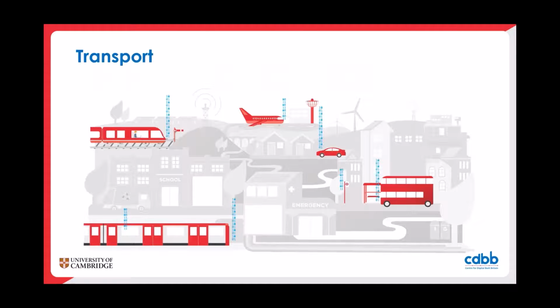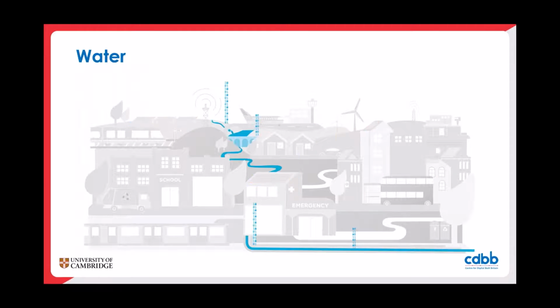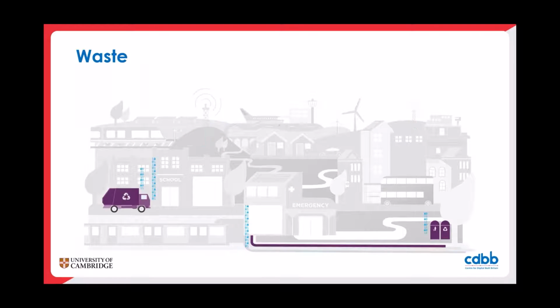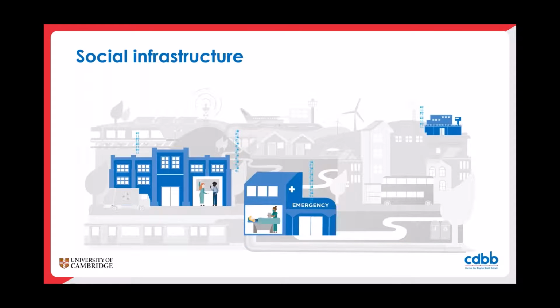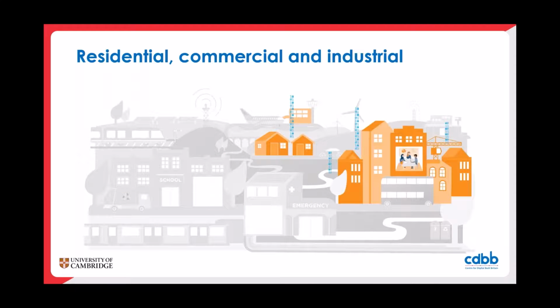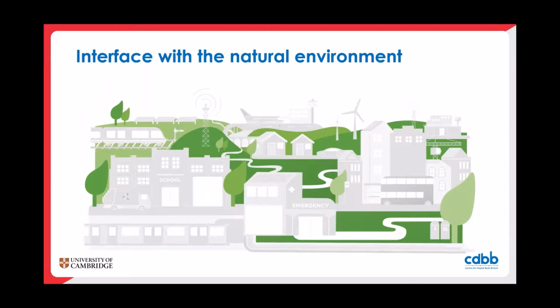What I love about this is that it goes back to the principles of geospatial geography, which of course is where I come from originally. There are important elements to all of these that build up from transport, energy, water, telecoms, waste, social infrastructure, residential, commercial and industrial, and fundamentally the interface with the natural environment.